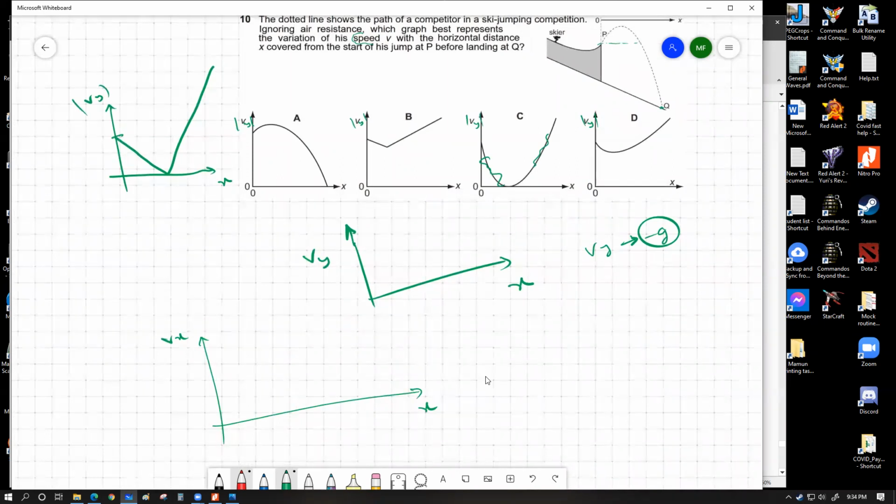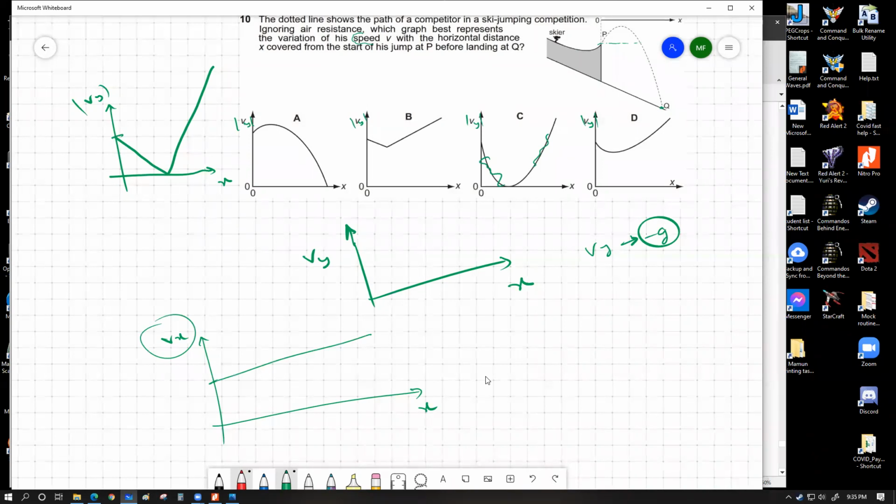Sir, a horizontal line parallel to the x-axis. Beautiful. Constant vx. Do you understand why? Sir, the horizontal component is constant and is not dependent on the acceleration vector, the acceleration due to free fall. Beautiful. Perfect answer.